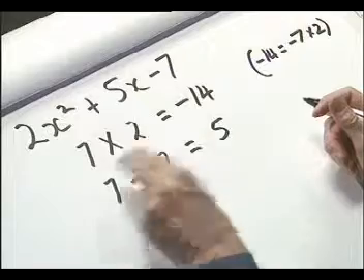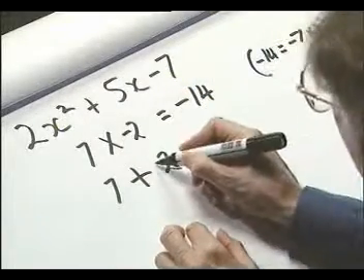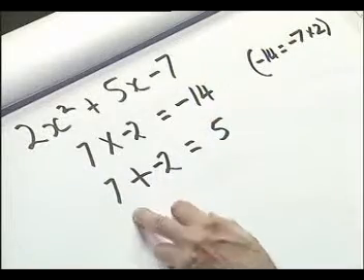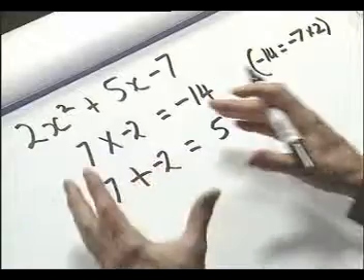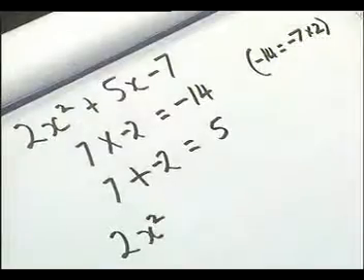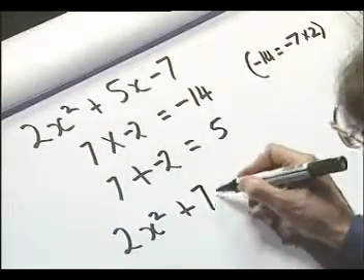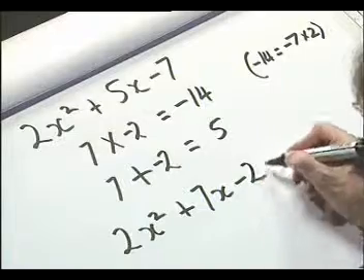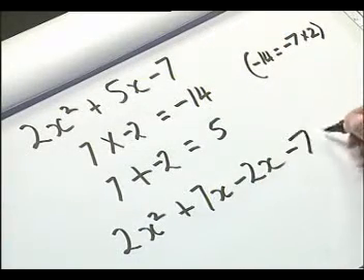So one of these has got to be negative, and it looks like it's going to have to be negative 2 in order that 7 plus negative 2 should give us the 5 there. So now we can write this down as 2x squared, breaking up that plus 5x as plus 7x minus 2x, and then minus 7 at the end.